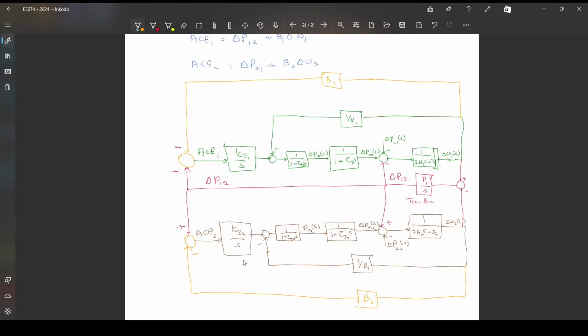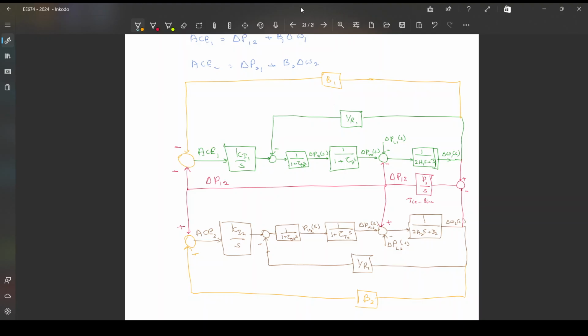Okay, so this is the complete two area control system with the tie line bias and the area control error included, in order to achieve the proper control.